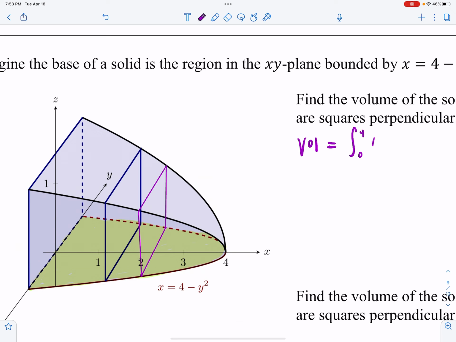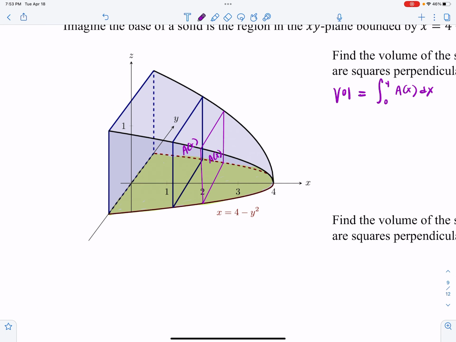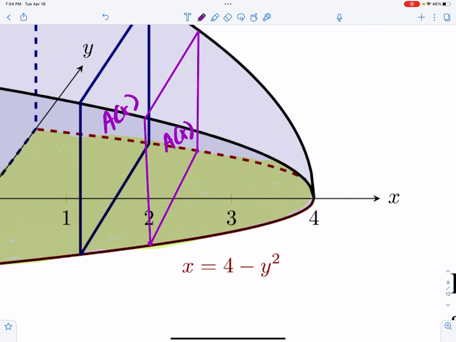And then we need to figure out how to represent the area of each cross section with respect to x. Well, a square has the same length sides, right? And the base of each of these squares is going to be dependent on x as well.